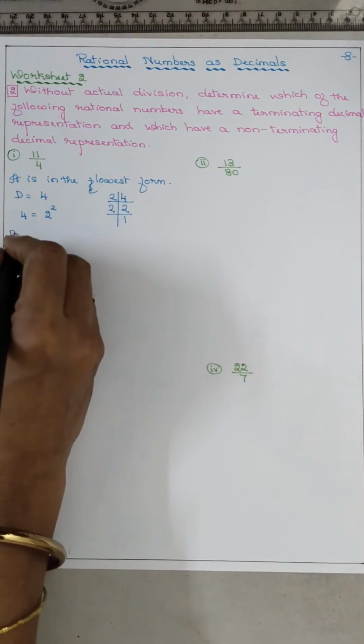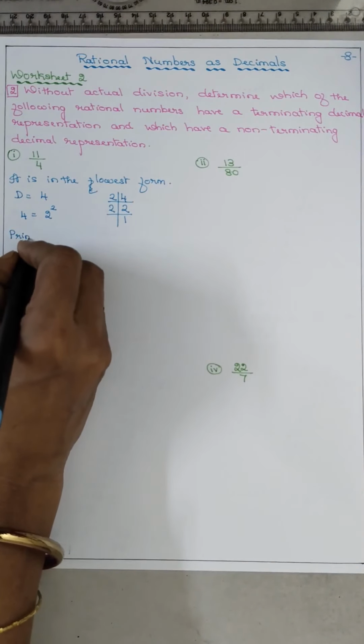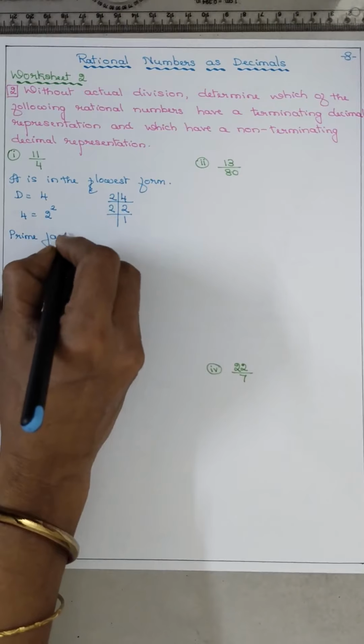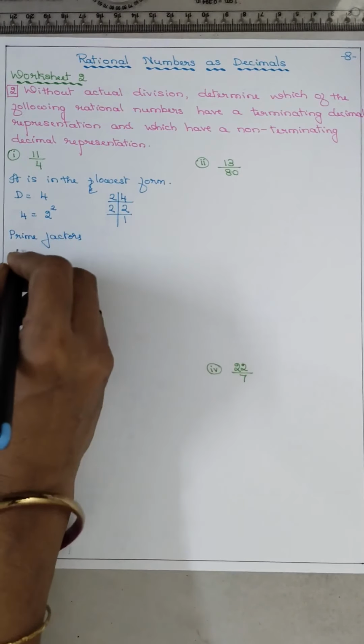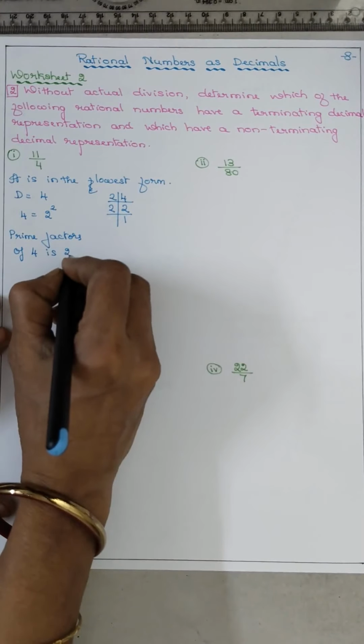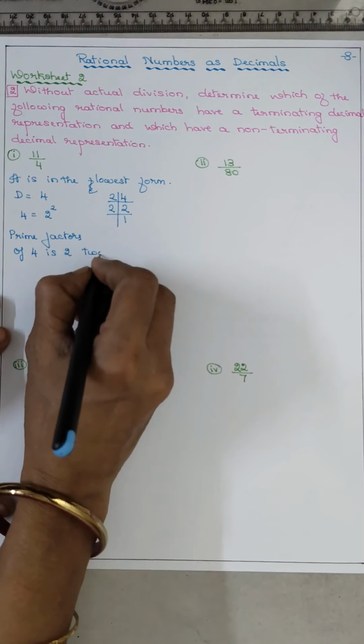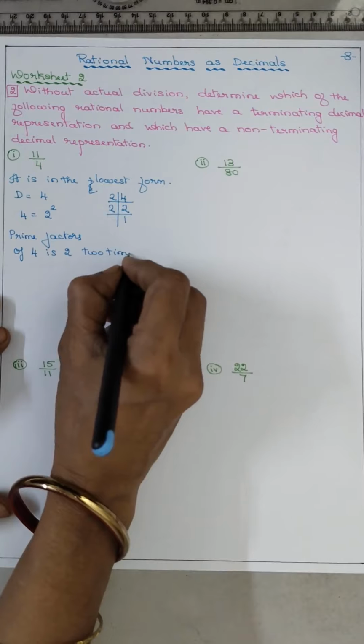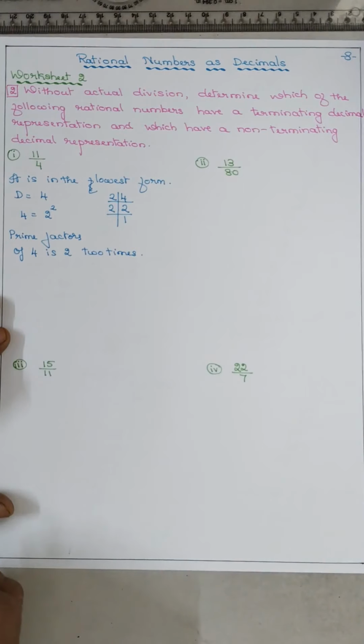Means the prime factor of 4 is 2 times 2. Only 2 and 5 should be the prime factors of the denominator. Then it will be a terminating decimal representation.